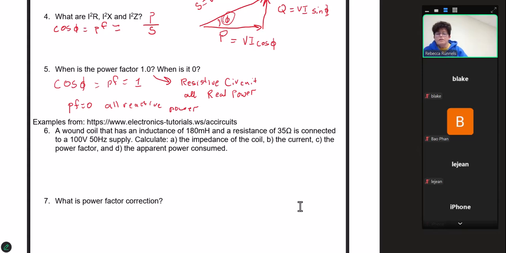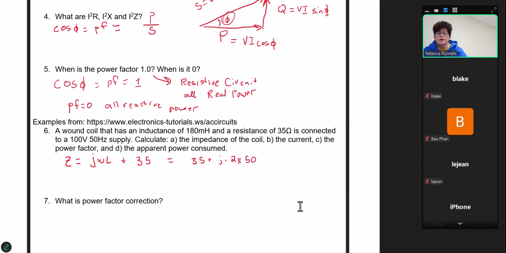Okay, so what is our impedance going to be? We'll have J omega L for the inductor plus 35 for the resistor. So we'll have 35 plus J times, now what's omega? Two pi times 50. So it's the frequency in hertz times 2 pi.